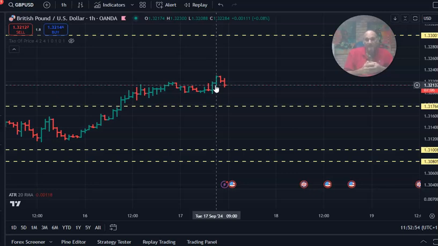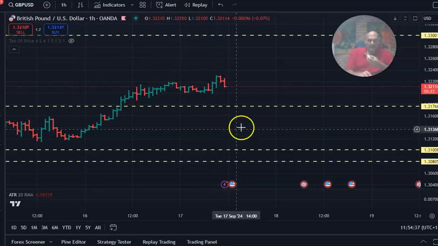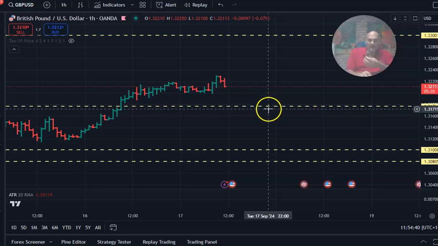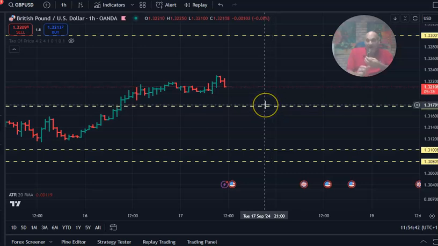All right, so sterling dollar needs to hold above 131.75-ish in order to keep that bullish momentum going. If it breaks 131.75, I don't really see it going much lower than 131.20 on some type of extreme move, but there's definitely support at 131.05.